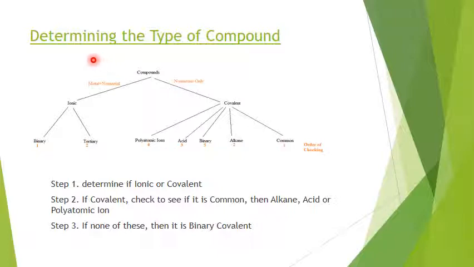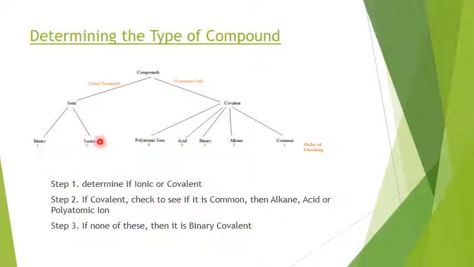Next, you would check sodium and see if it's a metal. One way I told you, by listening to the name, is if it ends in ium. Sodium ends in ium, and therefore you have an ionic compound.